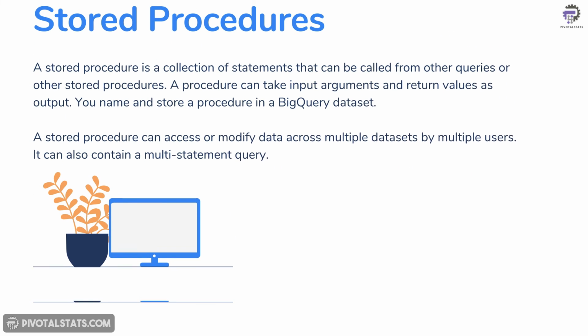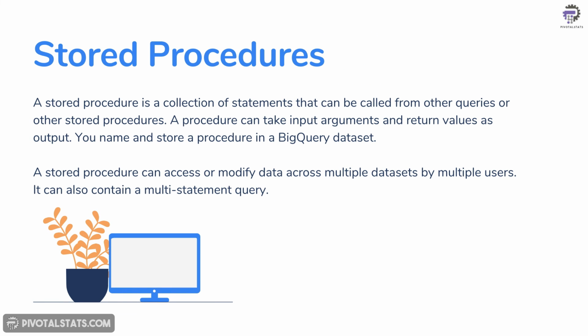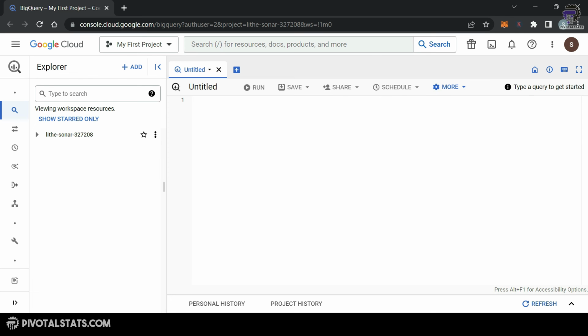The second topic is stored procedures, which help you create a routine of multiple queries clubbed together that can be run in a single go, so that you can make certain changes to your data or table or get a desired output. So without any further ado, let's quickly jump into it.